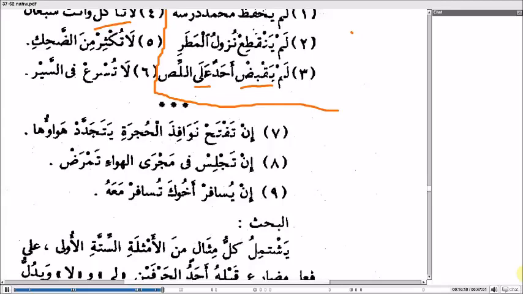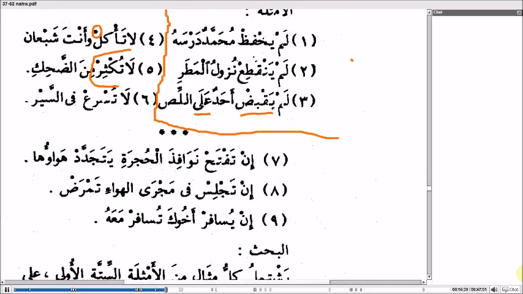Don't be abundant in laughing. Don't laugh too much, because laughter kills the heart. La tukthir. Right? La tukthir. Here, the verb is the present tense verb, the fi'l mudari majzoom. I don't know why your mic is not coming on, Yasin, but as long as you can hear, you can type to us that you hear, that'd be good.